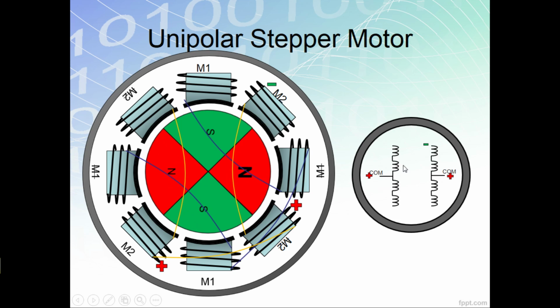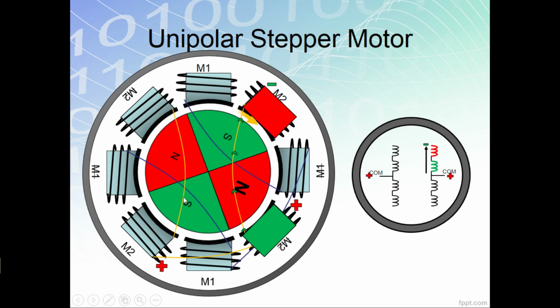If I place a negative terminal on phase 2, on the top of phase 2, it is expected that the current will be flowing upward and will energize the coils accordingly. And with that, since only the top part is energized, there will be no force of attraction at the bottom part, only here.